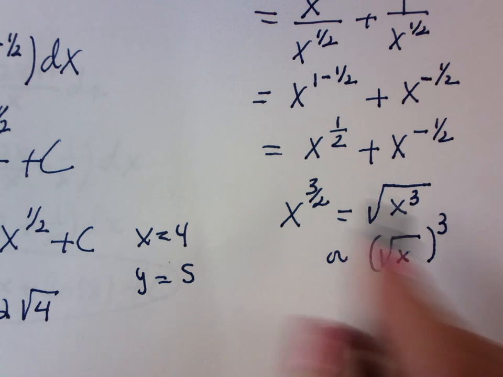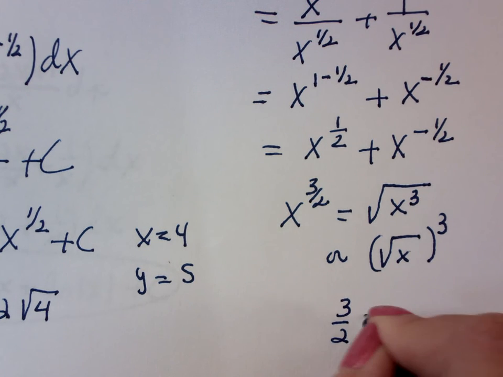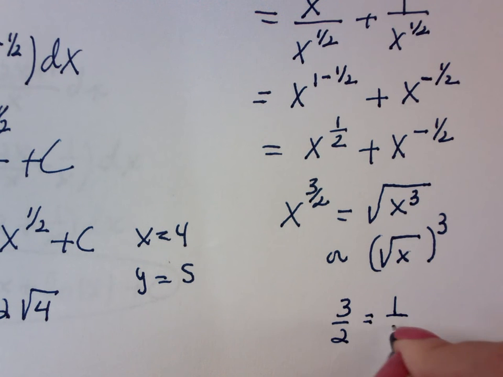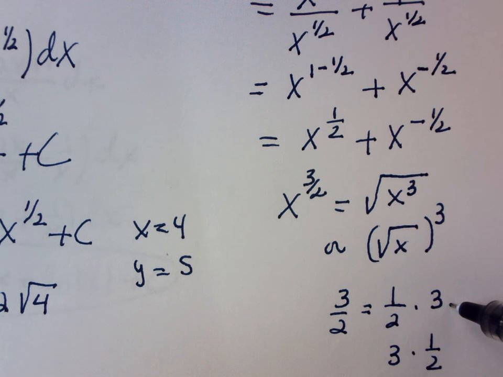That's because 3 halves can be written as 1/2 times 3, or 3 times 1/2, the commutative property. This says square root, then cube. This says cube, then square root. And I always look to see, is it going to be easier to root it first, then power it? And that's usually the case.